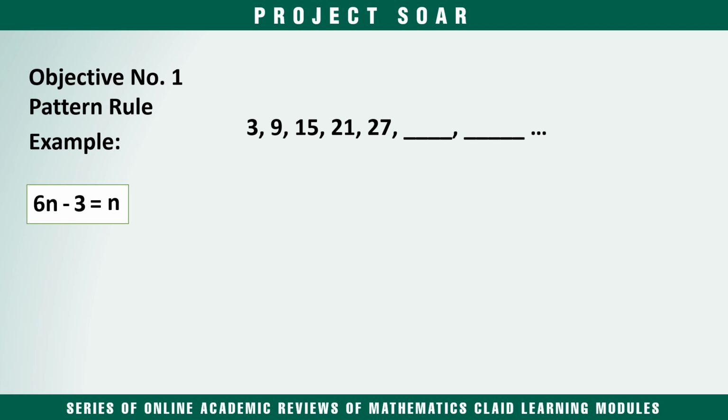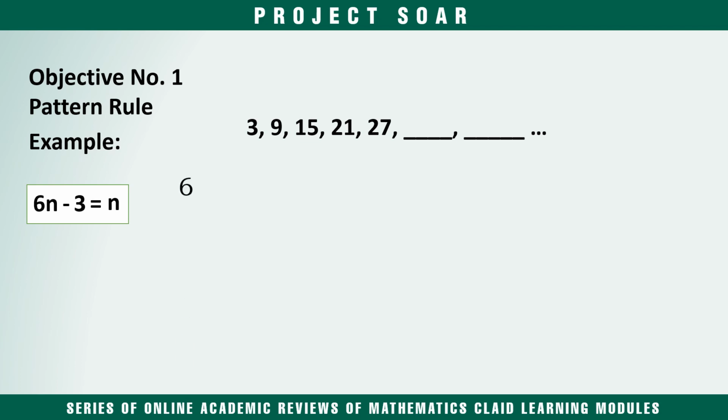So we have minus 3 in the formula because that is the difference of the first term, subtracted from the common difference, which is 6. So, remember, always multiply the common difference, then subtract 3.